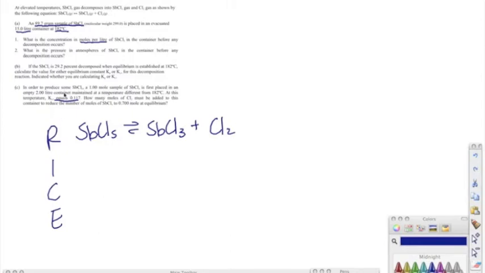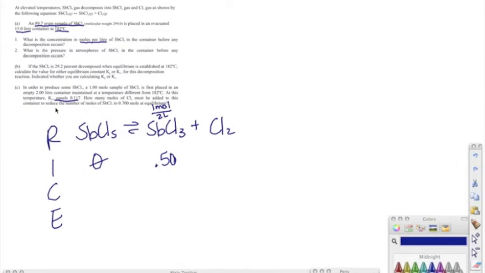Since we've got moles, liters, and Kc, obviously I'm working with concentrations. So that means my initial molarity of the SbCl3 is 0.5 molar. My starting concentrations of the SbCl5 are 0, and Cl2 is what I'm trying to figure out ultimately, so I'm just going to leave that blank.